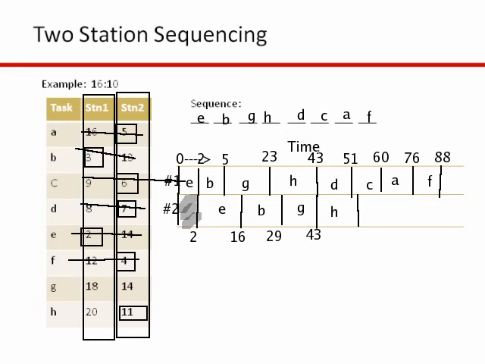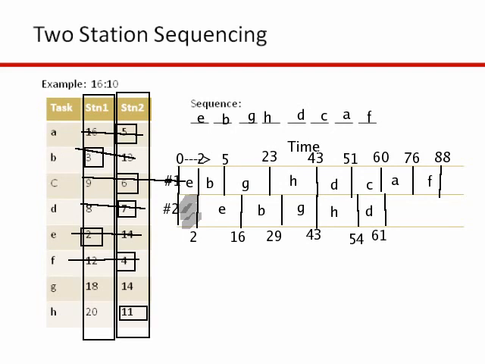And this is, again, 54. And then we can do D, and D is done at machine 1 at 51, so we can start it at 54 on machine 2. So D takes us 7, so D is going to take us to time 61. All right, so this is D, and this is time 61.